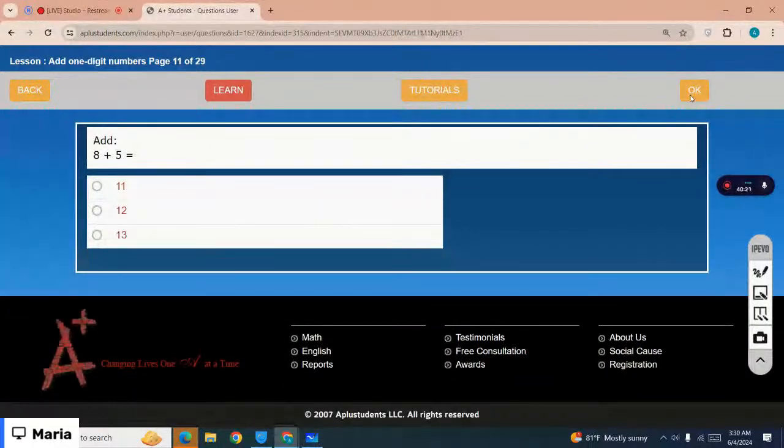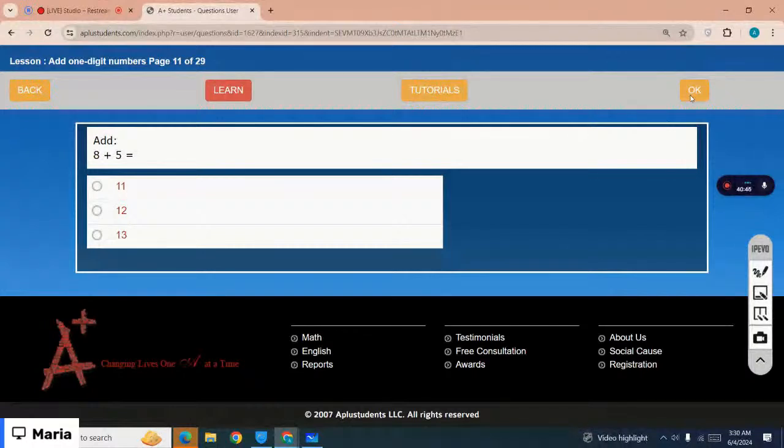The next one is 8 plus 5. 8 plus 5 is 13.